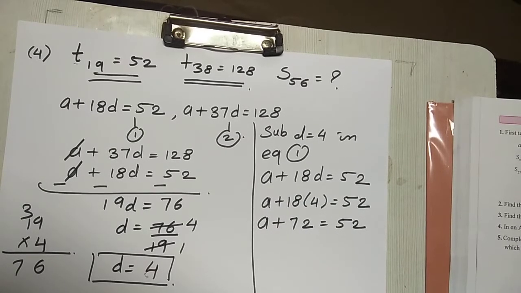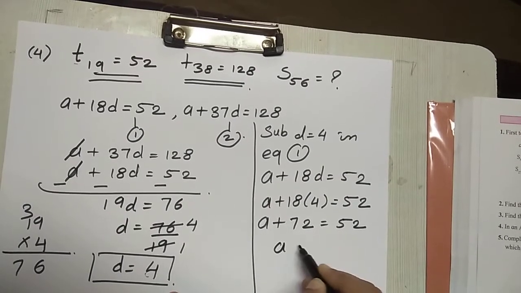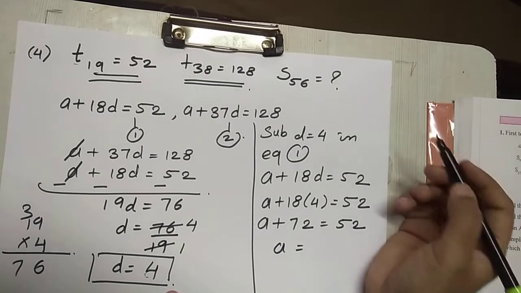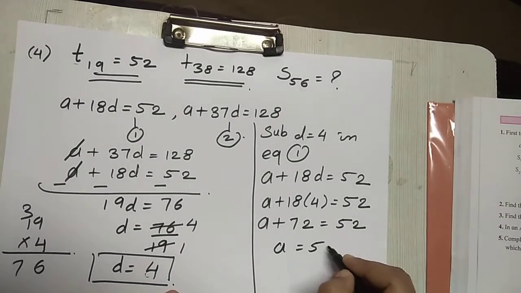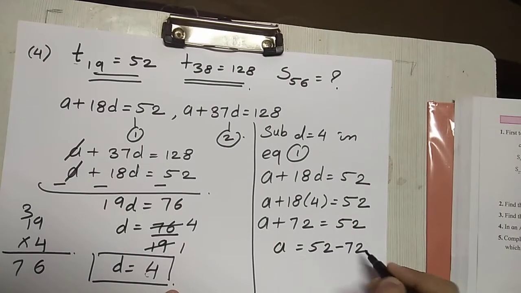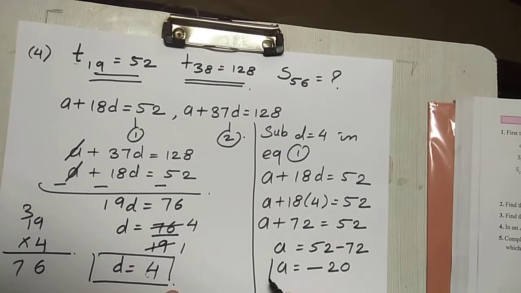Okay. Then we have A is equal to 52 minus 72. A is equal to minus, 72 minus 52 is 20.